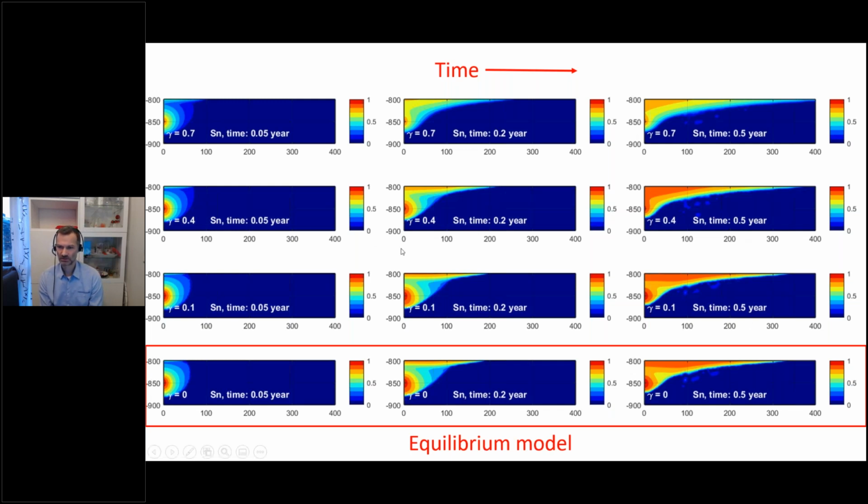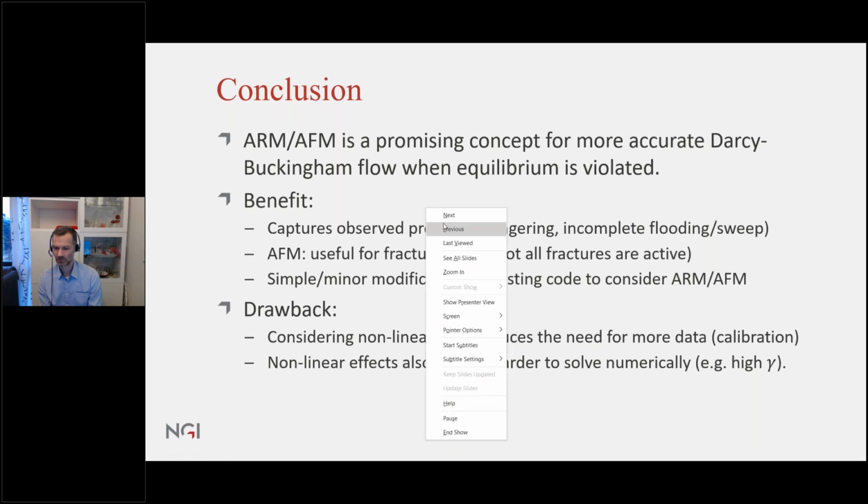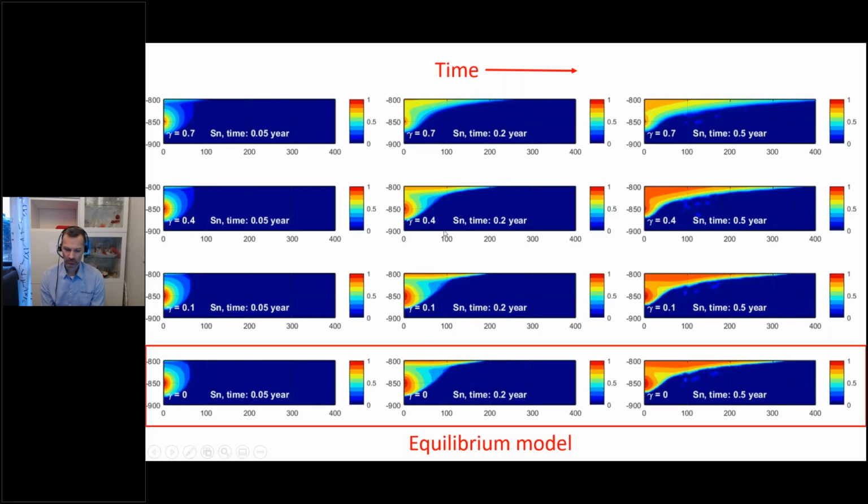So this is the effect of how the speed of the injected CO2 is affected by this gamma. Okay, on the next slide.